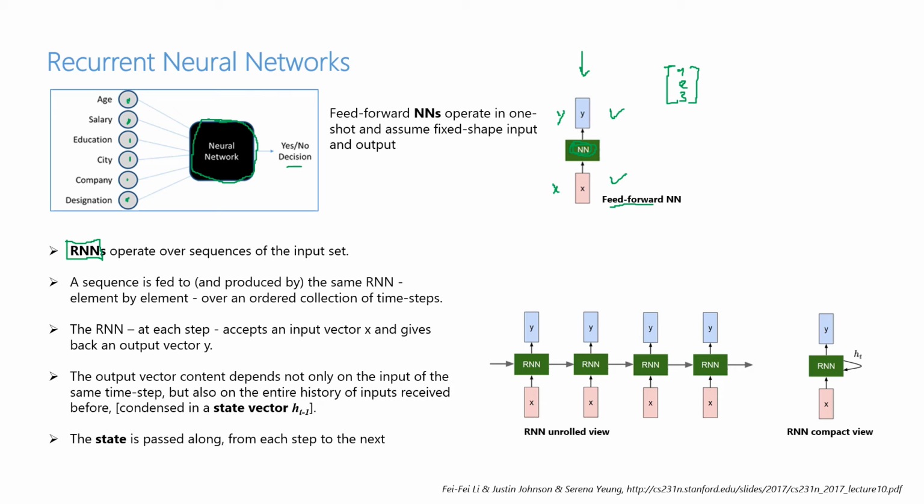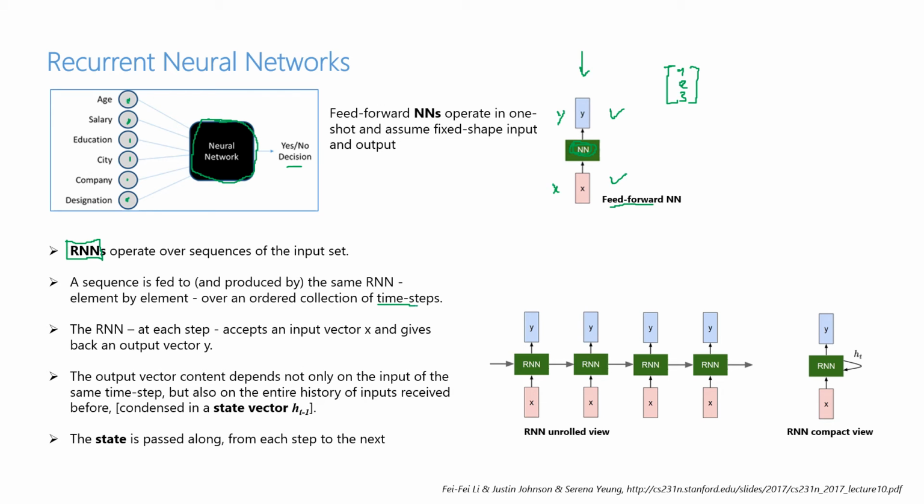So to operate on a sequence, we must let the network do its job on one occurrence, on one symbol, one element at a time. So we introduce time steps.